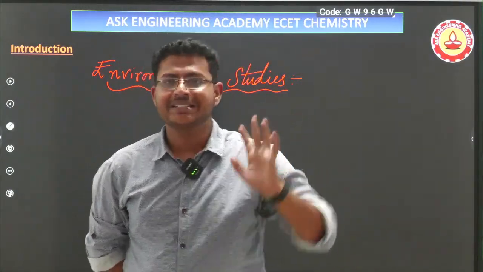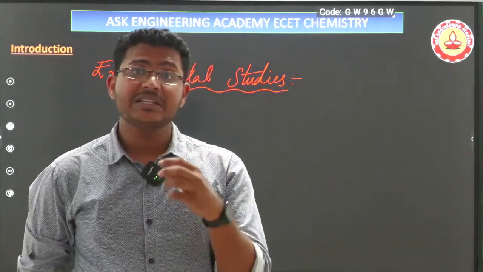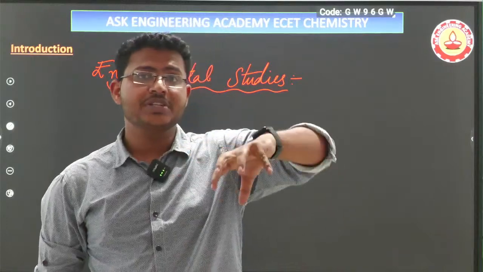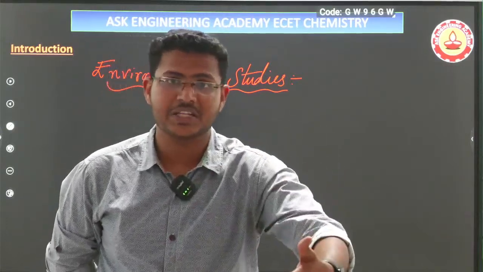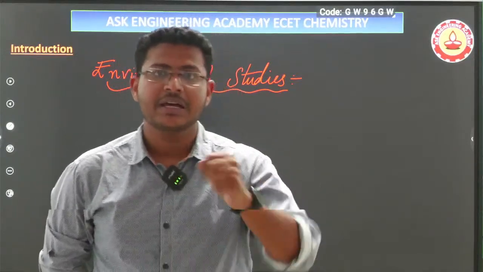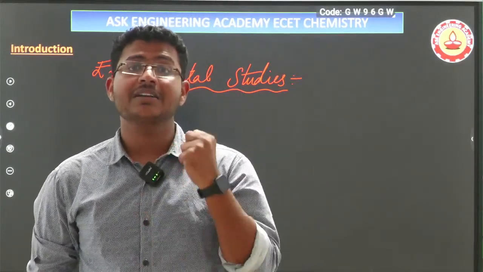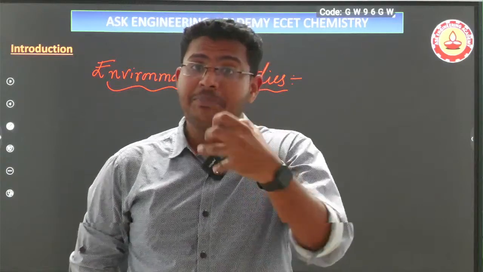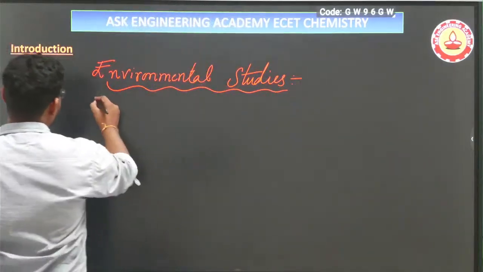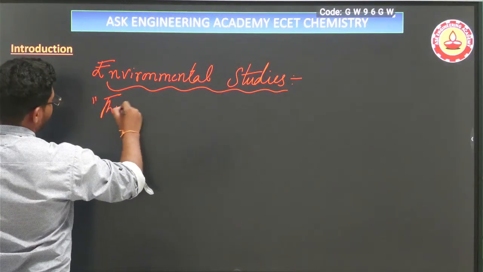Environmental science is basic science. Environmental studies means application of scientific knowledge. That means the process of using science to study is environmental studies. That means simply studying the environment, what is happening within the environment. Environmental studies is nothing but the scientific study of environment.